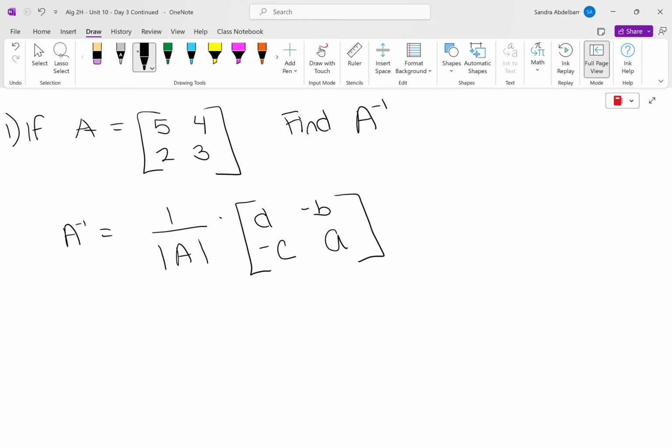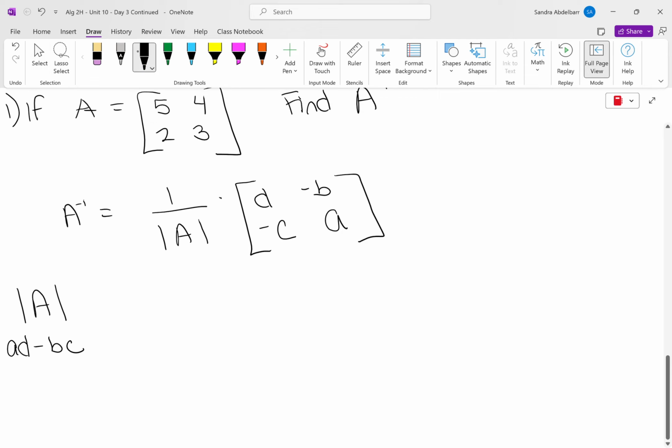So the first thing I want to do is find the determinant of A. Who remembers how to find the determinant of a 2 by 2? Bina? You got it. It's AD minus BC.